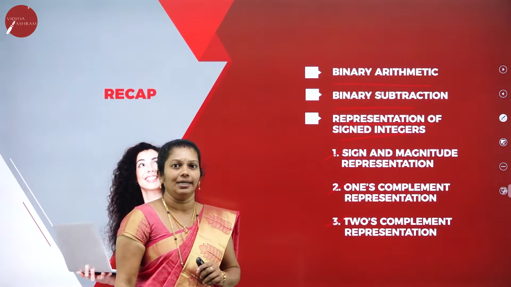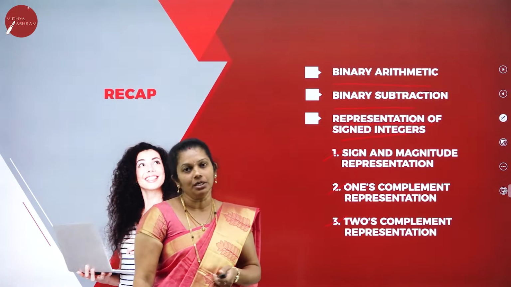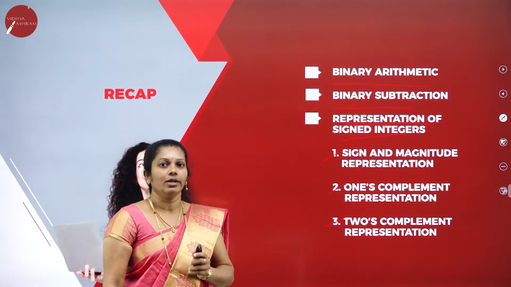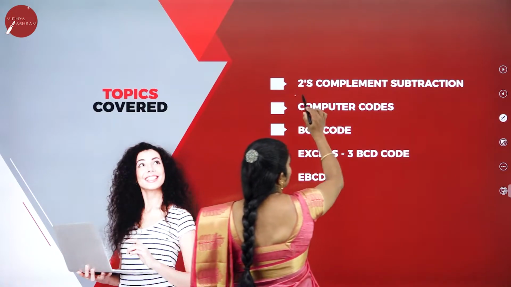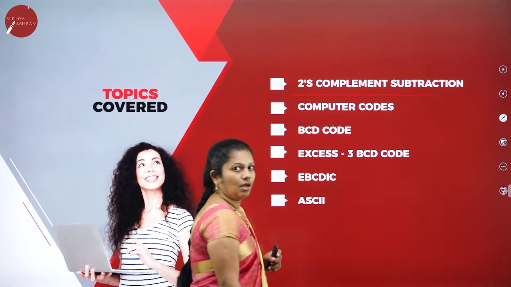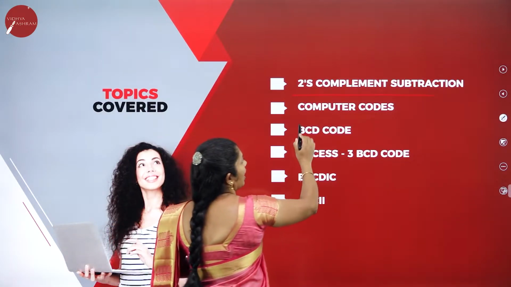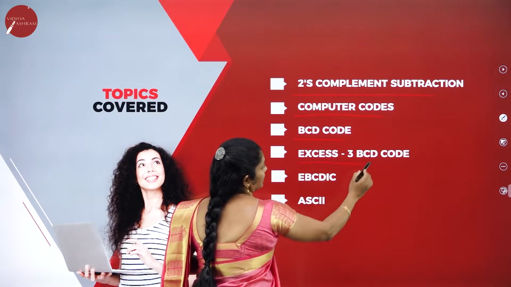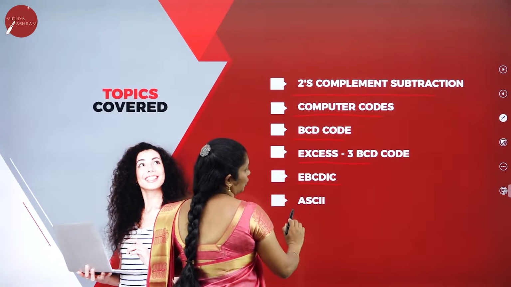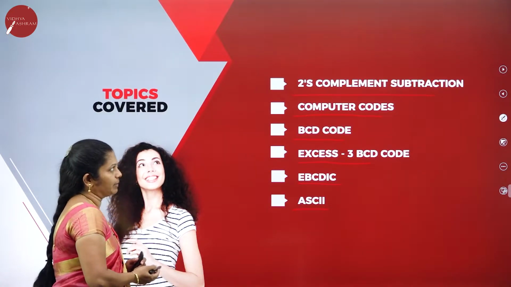With that, you studied how to subtract a decimal or binary number using 1's complement. In today's class, you will learn 2's complement subtraction, as well as computer codes: BCD code, XS3 code, EBCDIC code and ASCII code. Now one by one we'll explain.